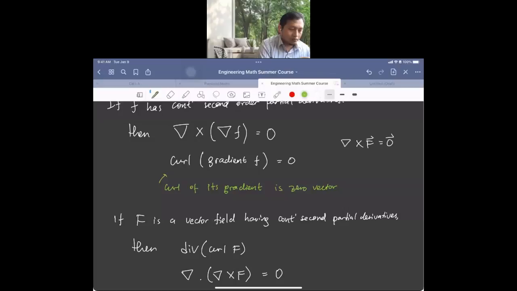So a gradient, or a conservative vector field. So the curl of a conservative vector field is 0, and the conservative vector field is basically the gradient of a function.